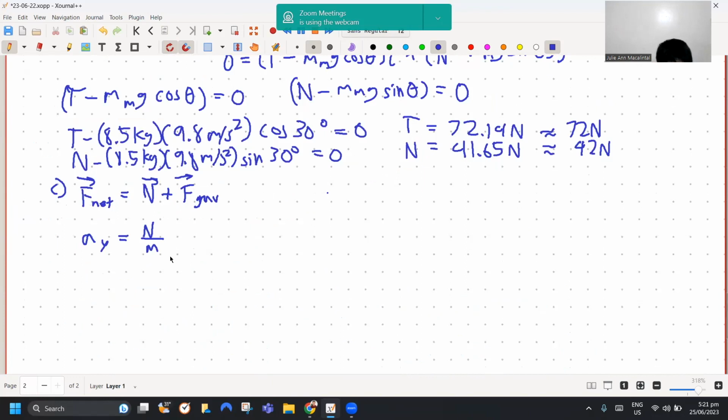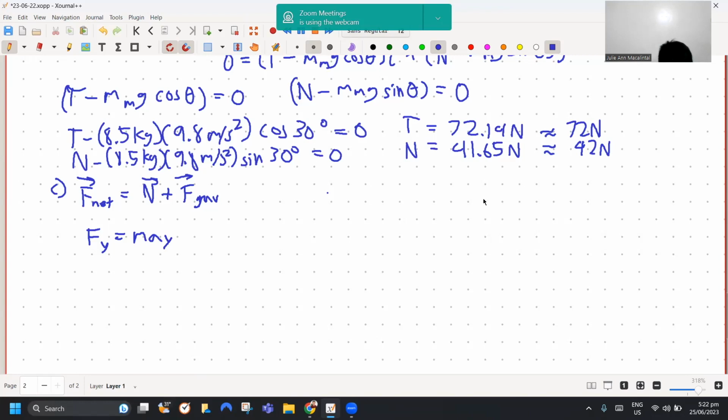I think mas mabuting simulan mo talaga sa m times a y. Mamaya mo na gawin yung algebra na mag-divide. So m times a y, kasi yan yung Newton's second law. So F net along y is m times acceleration along y. That's equal to what? Lagyan mo na subscript na F net, comma y, kasi magulo yan.